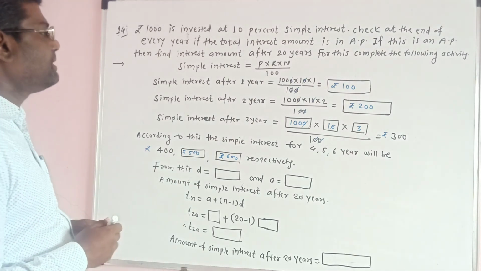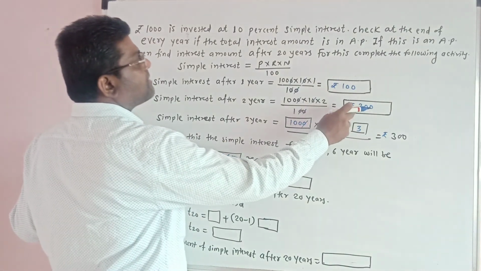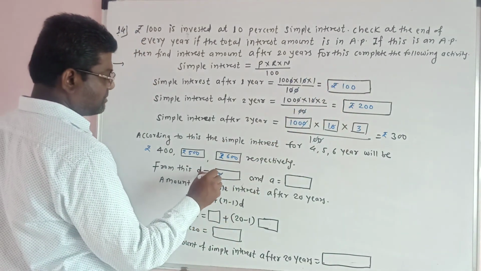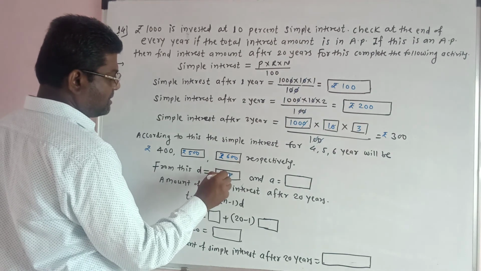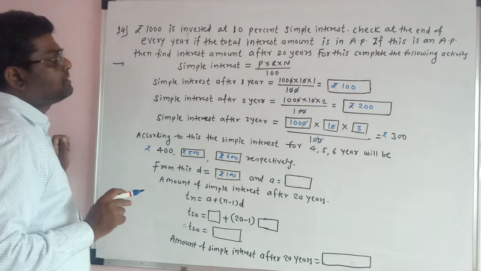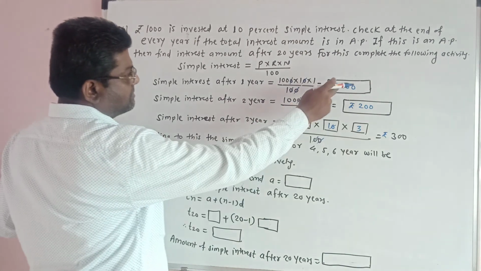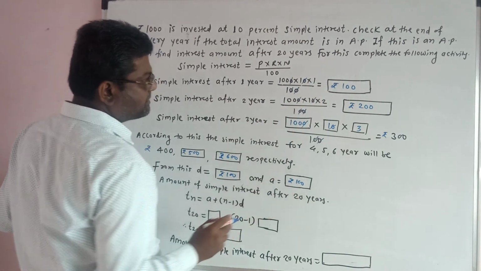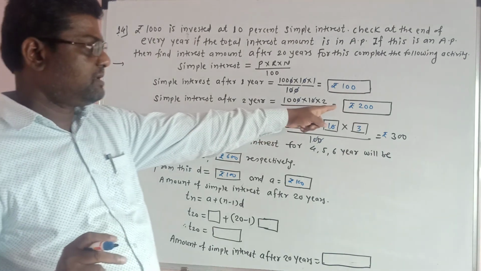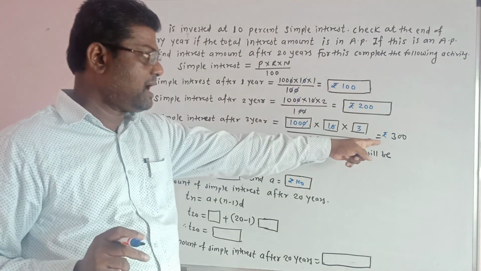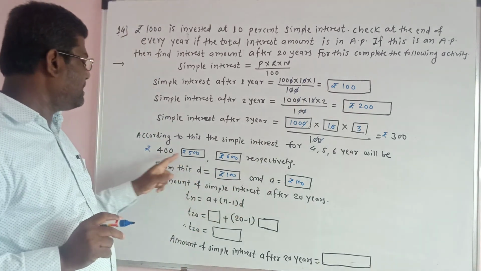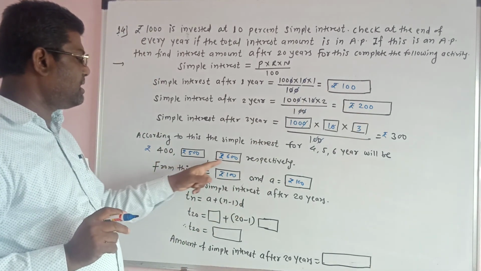For this AP, the common difference is 200 minus 100, that is 100, and the first term is also 100.